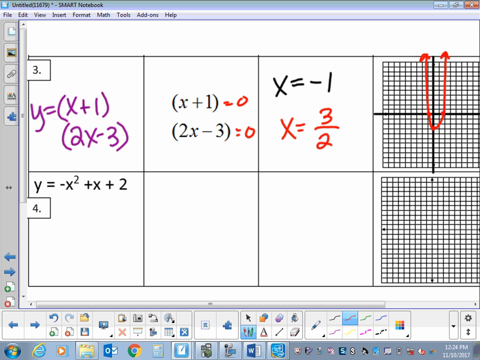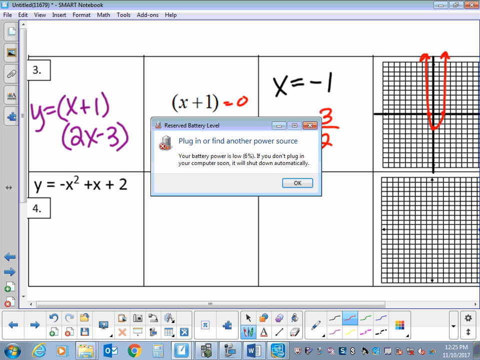Last one, and then I'm going to turn you loose. Type this into your calculator. Type the y equals negative x squared plus x plus 2.